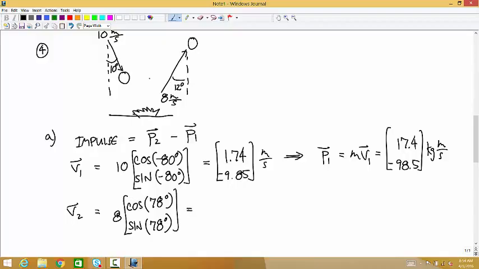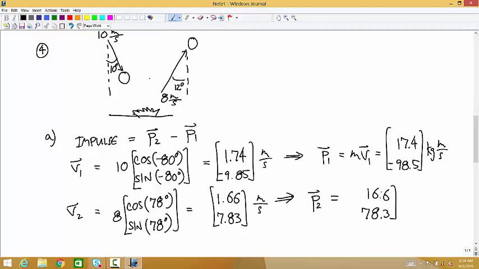And so what do you get for those components? And so you get a momentum that's equal to 10 times this, so positive 16.6, positive 78.3.